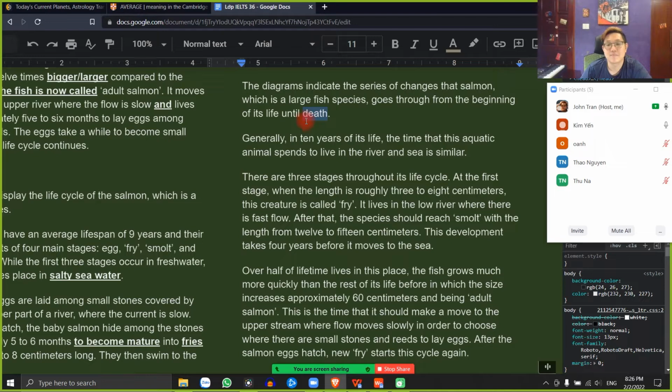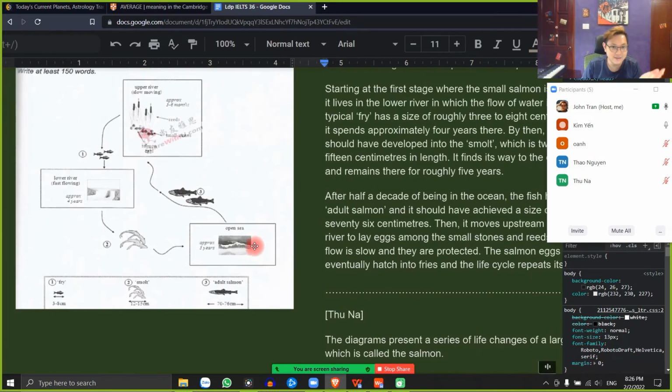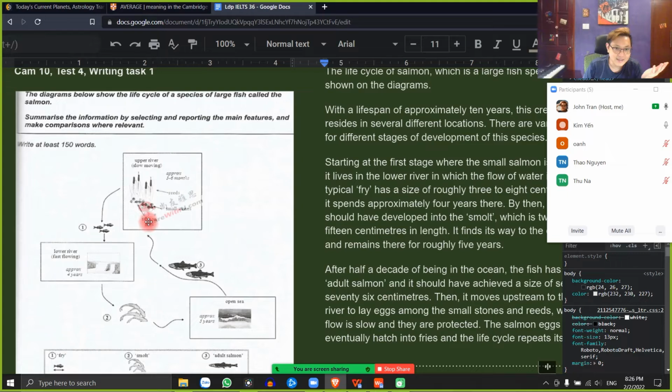Okay, let's just say, from the beginning of its life until it lays eggs. Because in the picture you can see that there's no mentioning about death, right? Just say it lays eggs there. There's no mentioning what happened to the adult salmon afterward, isn't it? Nó đâu hề nói gì về cái số kiếp của mấy cái con adult salmon này nó bị chết hay bị gì đâu.